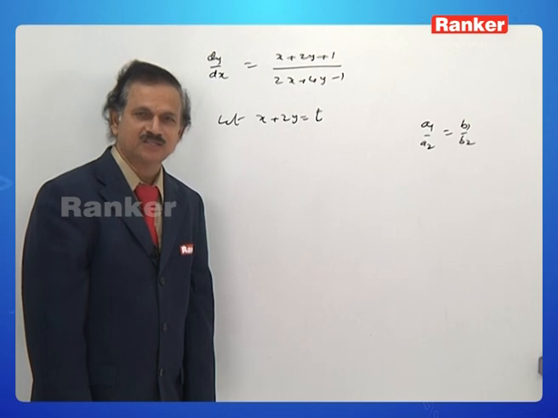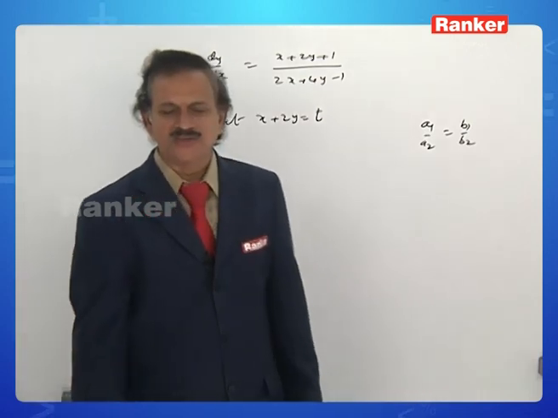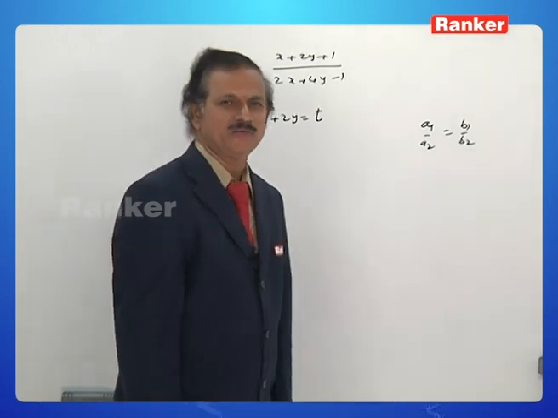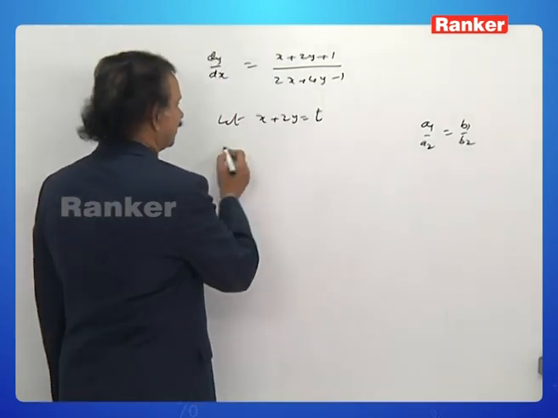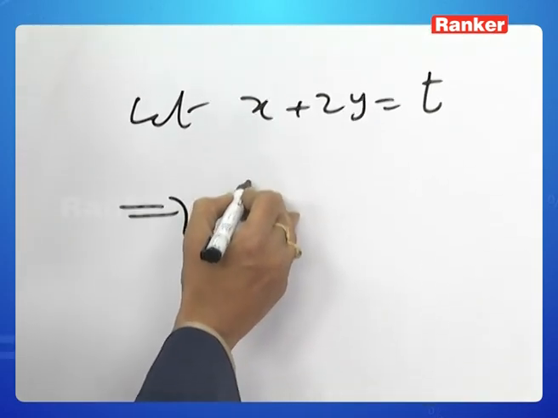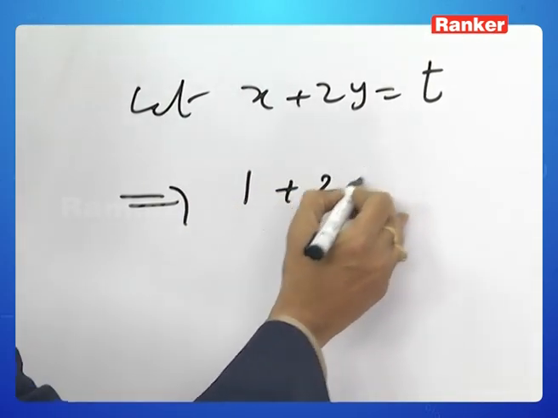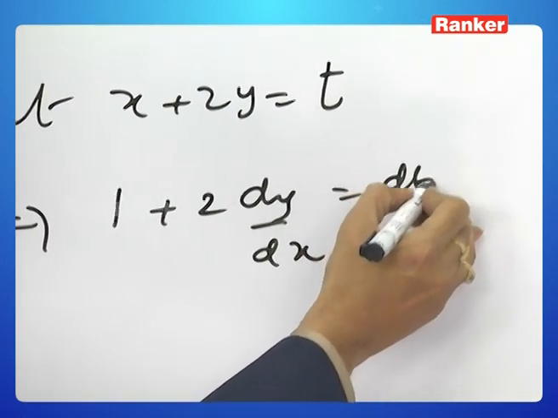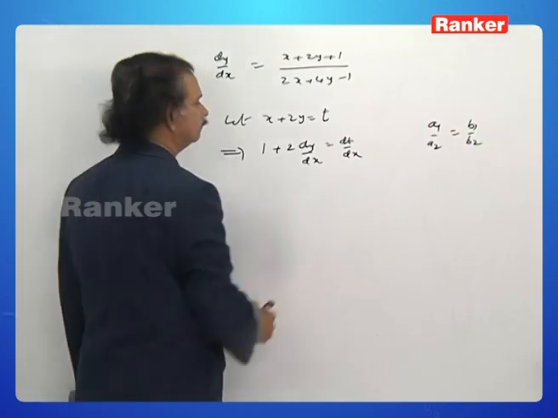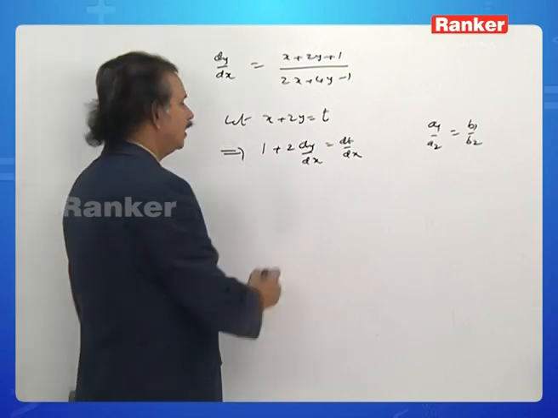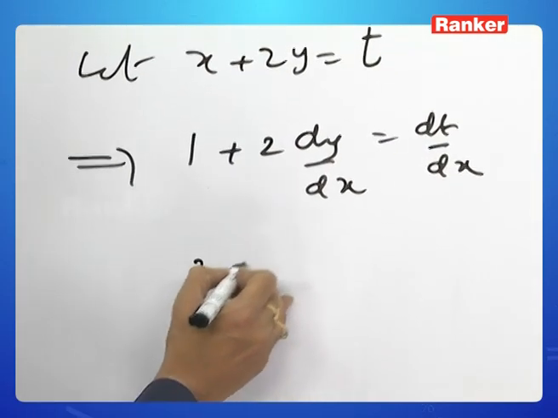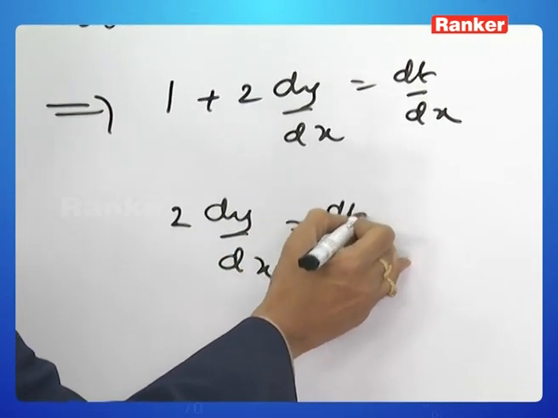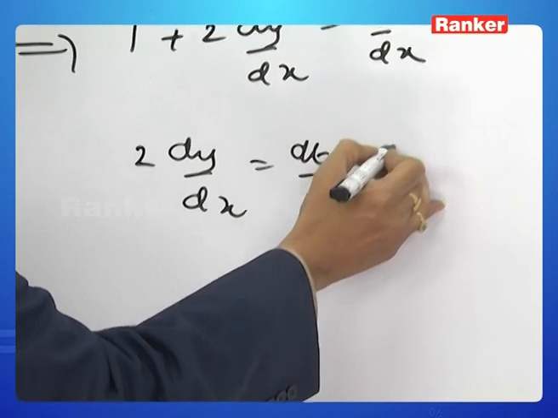That is the thing which helps us a lot to get it converted into variables separable model. Okay. Come on. What is its derivative? 1 plus 2 dy by dx is equal to dt by dx. Therefore 2 into dy by dx is equal to dt by dx minus 1.